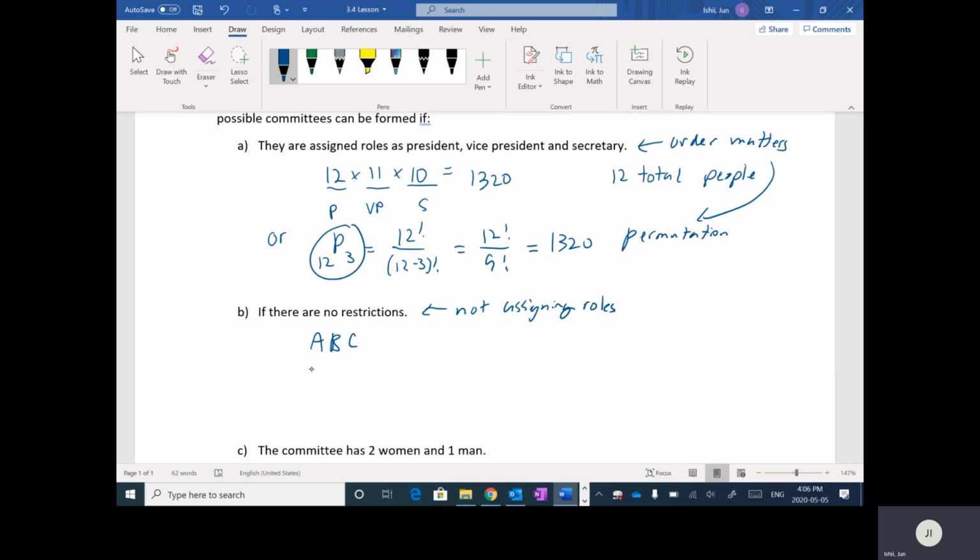If I instead choose person B, then person C, and then person A, these would be 2 different permutations, but they're actually the same combination.